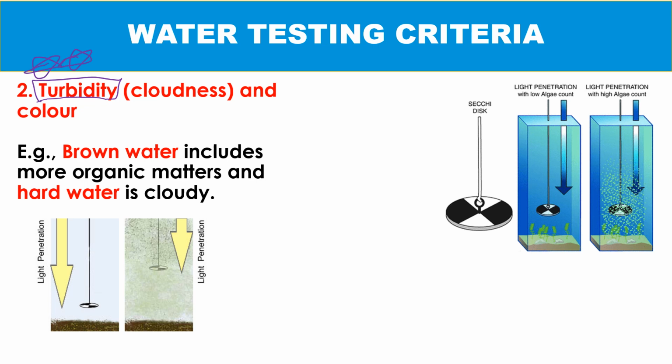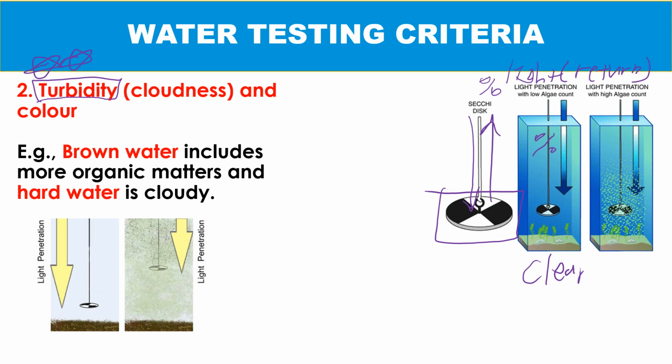So if you look at the device over here, it's called a Secchi disc. This disc is reflective, so light can travel through, some of it reflected back, and we are trying to detect what percentage of light will return. Based on the water content, if you have clear water, the percentage that returns back to the surface will be close to 100, let's assume 100 as a maximum.